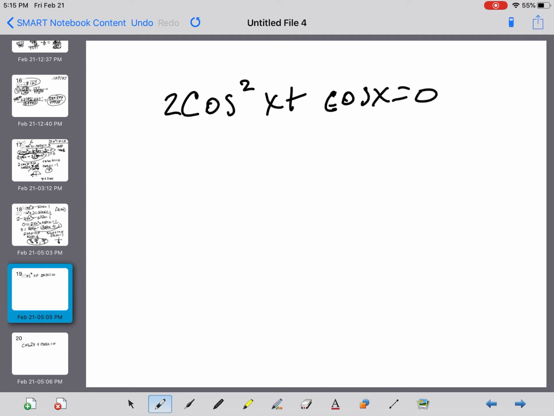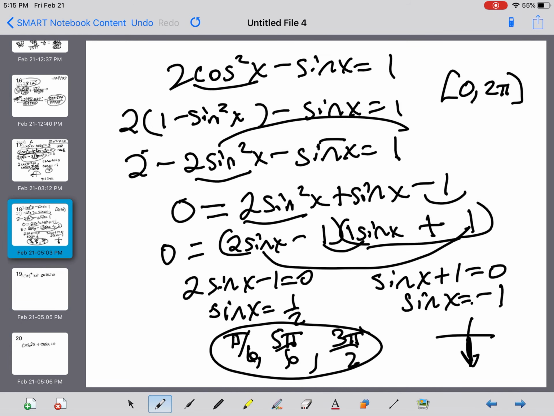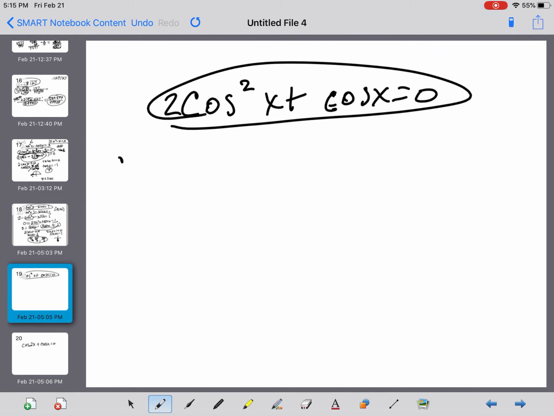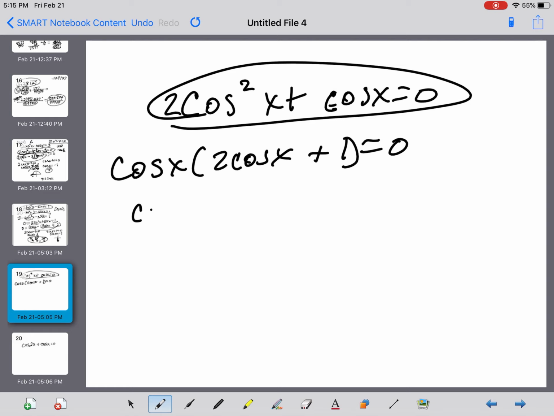All right, here I notice I don't have like a number added. In fact, I'm looking through, and on these, they didn't have anything in common, like all the way across. These both have a cosine in them, so I'm going to factor out cosine x, and that leaves me a 2 cosine x plus 1. Set your factors equal to 0.